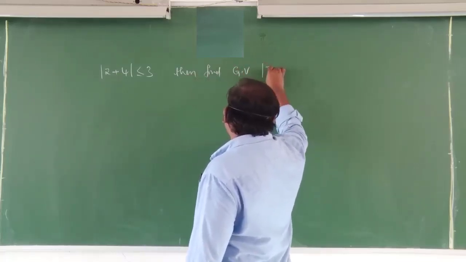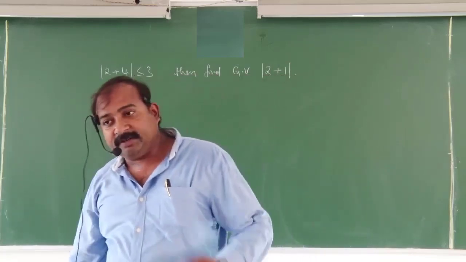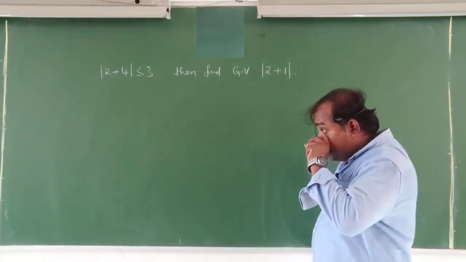Then find the greatest value of modulus of Z plus 1. This is the bit they gave.